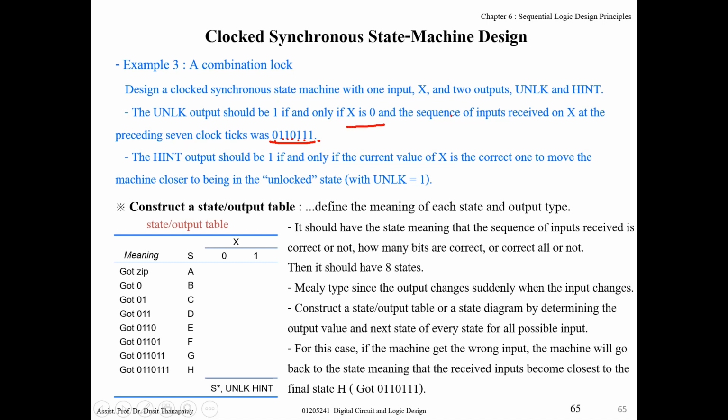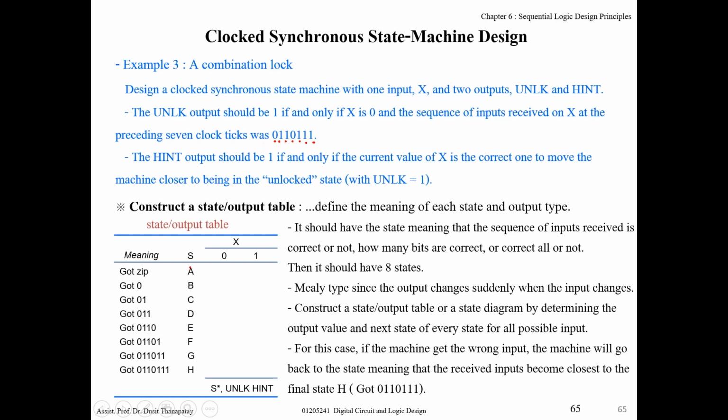From this condition, this state machine should have states for 0, 1, 2, 3, 4, 5, 6, 7 bits correct for the password. That means it should have 8 states.